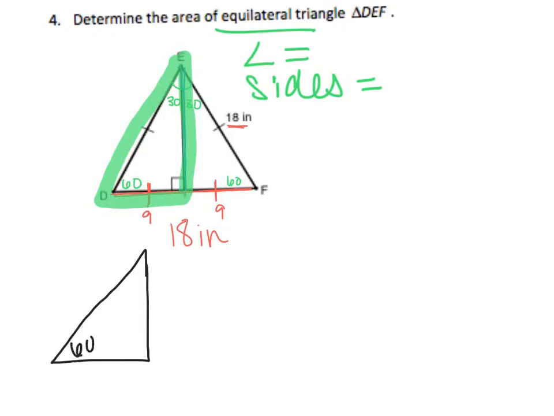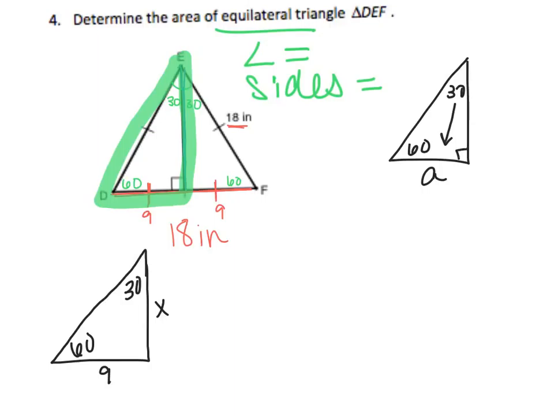So you got 60, 30, this is 9, and this is really what I'm trying to find. I want the height. So in a normal 30, 60, 90 triangle, just a reminder, across from the 30 is the a, the hypotenuse is 2a, and then the last side is a root 3.